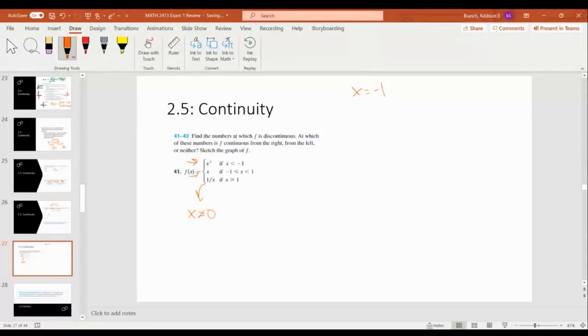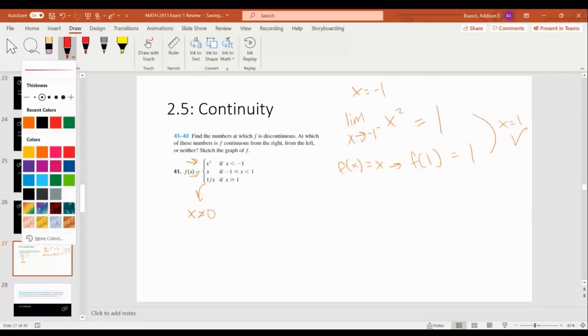So we'll take our limit as x approaches -1 from the negative side, since that's within our interval of x squared, and that's going to equal 1. Then -1 does exist for f of x equals x, so f of -1 is going to equal -1. So we're good at x equals -1.